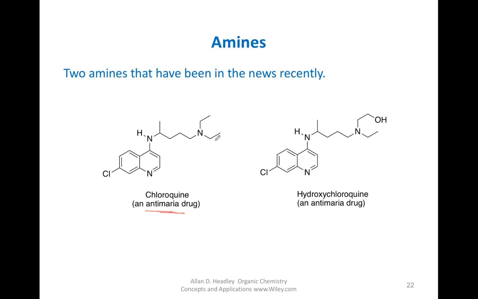Here it is. So you can see here is the nitrogen, and that's a tertiary amine, isn't it? Because it has 3 alkyl groups. Here's another nitrogen, but that's a secondary amine because it has 1 hydrogen and 2 alkyl groups bonded to that nitrogen. Here's another nitrogen, and that's an aromatic amine.